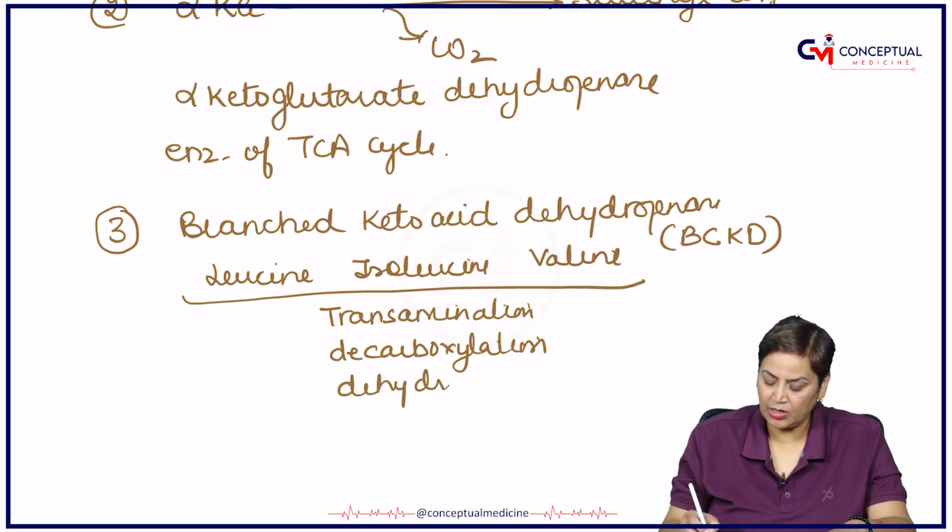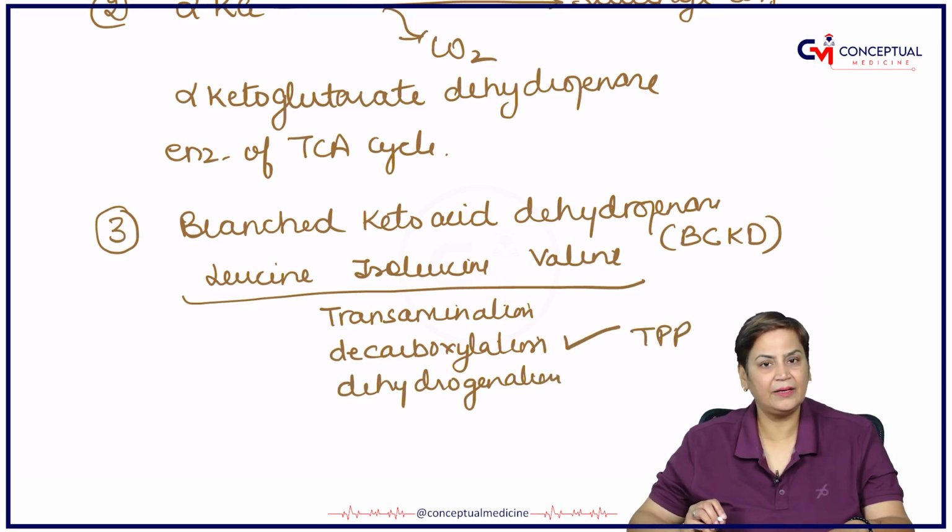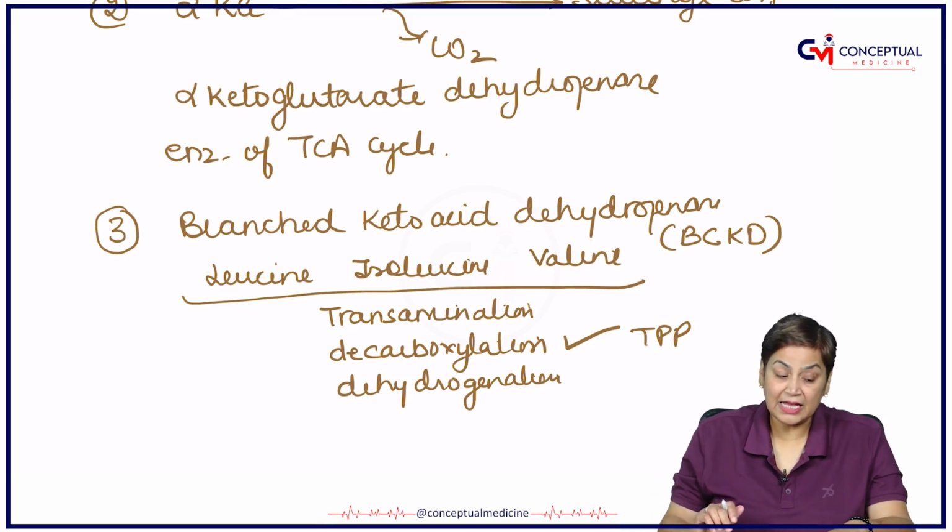And again, if we talk about decarboxylation, this is nothing but oxidative one. You can see that. So again TPP is required, right? So these are the three very, very important reactions which are an example of oxidative decarboxylation.